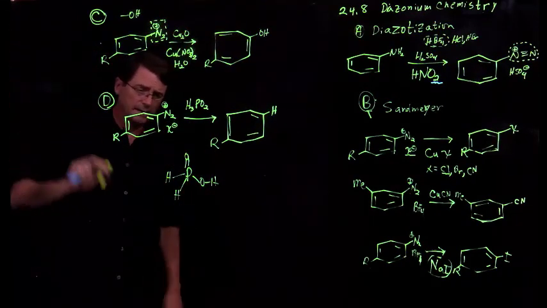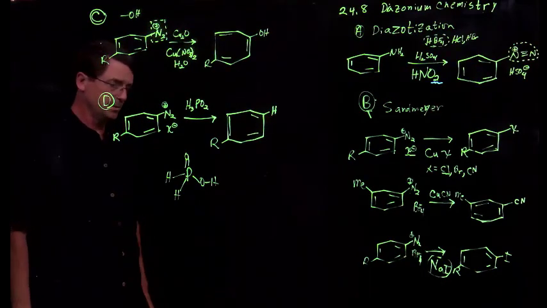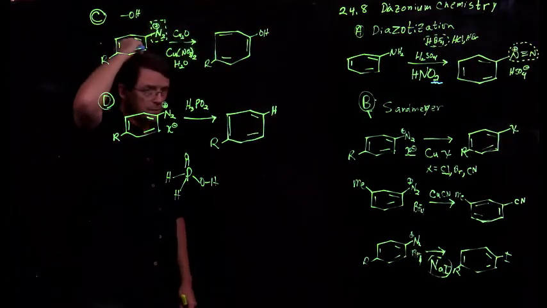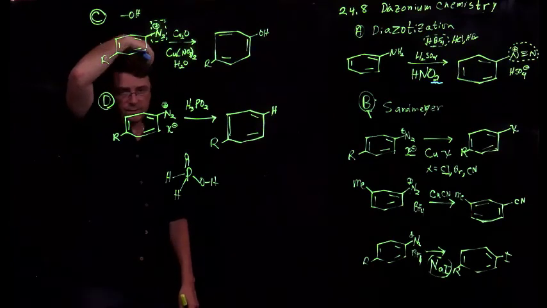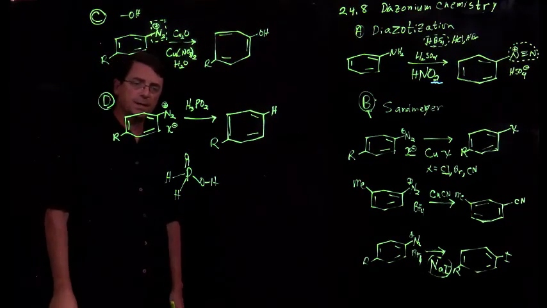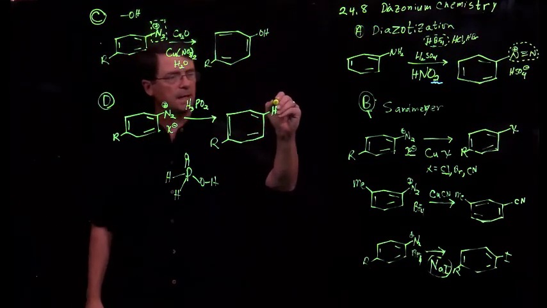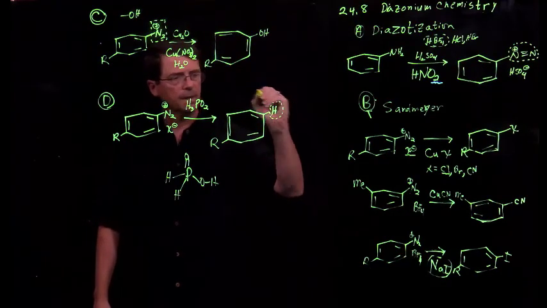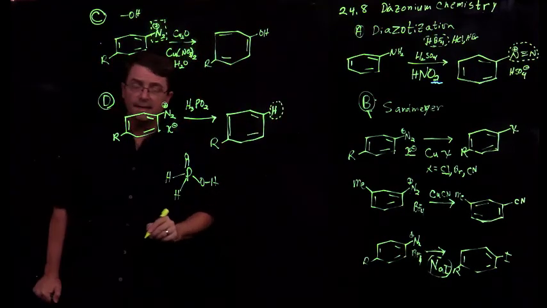Alternatively, it may be extracted by the radical that we produce. So this is very useful, and we'll see this in just a few minutes in terms of applications, because it means that we have a silent directing group. Okay? So we have to begin to see things that aren't there.